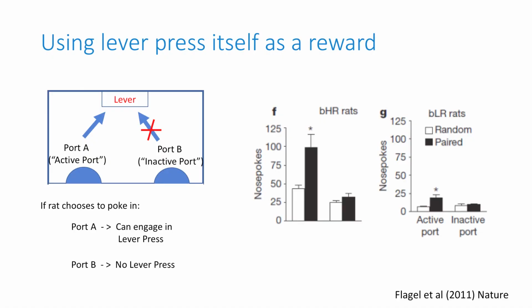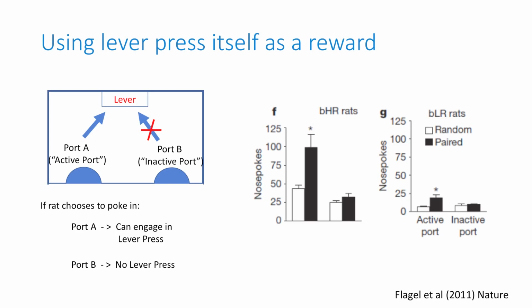How do you go ahead and prove it? For that they do something called a second order conditioning experiment, where they take these animals and offer them two ports, one let us call an active port, and the other an inactive port. The port is a hole through which the mouse or the rat can insert its nose.